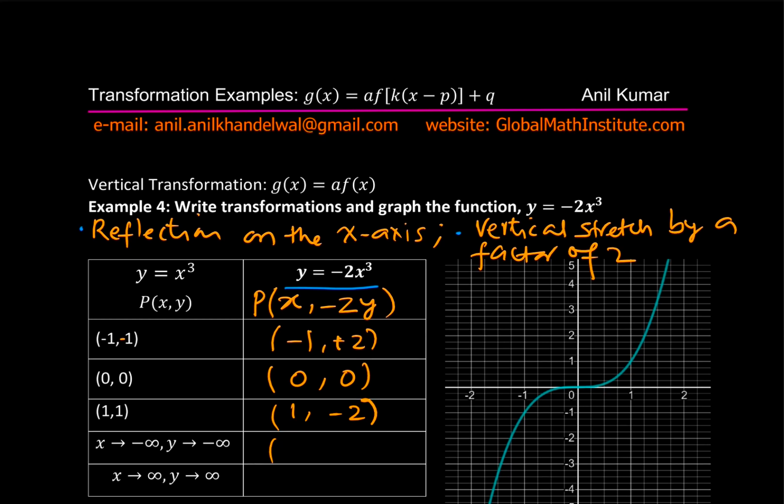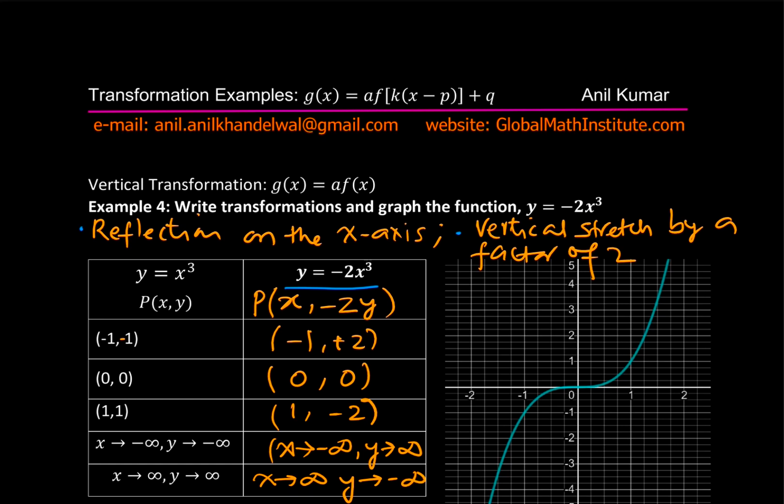Now the end behavior. If x is approaching minus infinity, y is approaching minus infinity. However, we have to multiply this by minus 2. And therefore, we can now write when x approaches minus infinity, y approaches plus infinity. Perfect. It reverses. So when x approaches positive infinity, y will approach negative infinity. So that becomes the result.